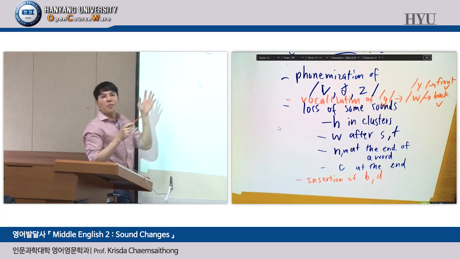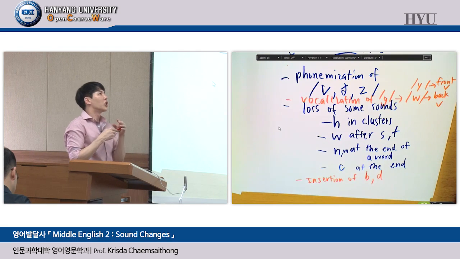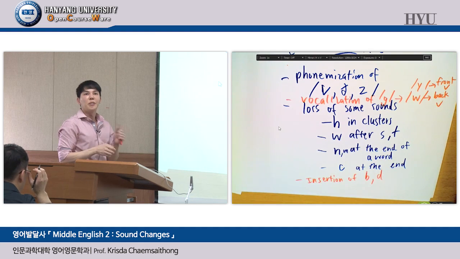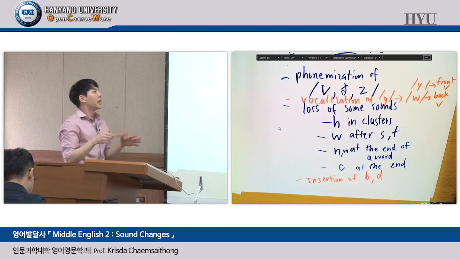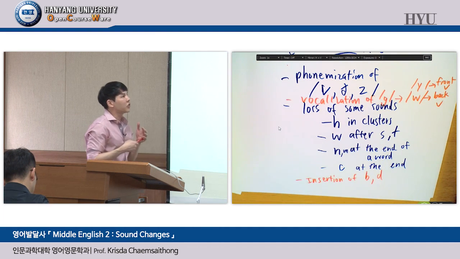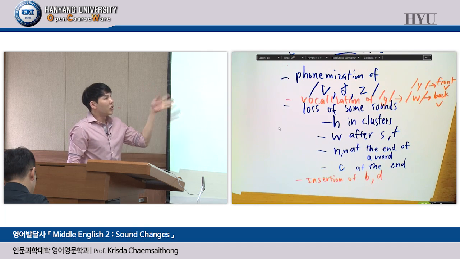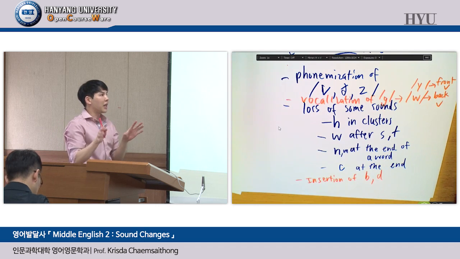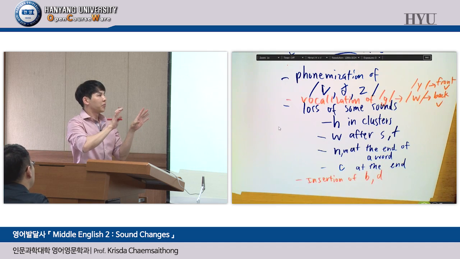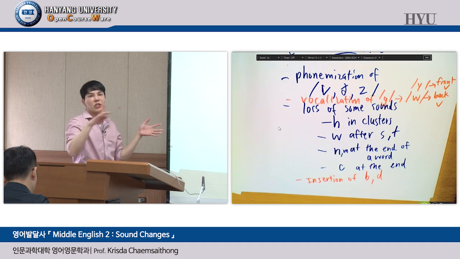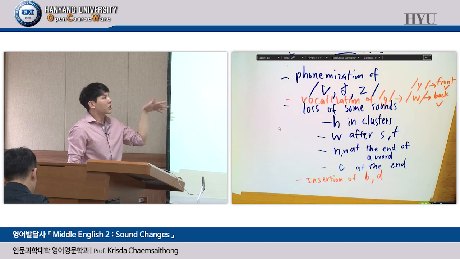So these are the major consonantal changes in Middle English that you should know, and that everyone studying the history of the English language should know. Because if you didn't know this, you wouldn't be able to explain why an Old English word changed into what we have nowadays. So these are important.